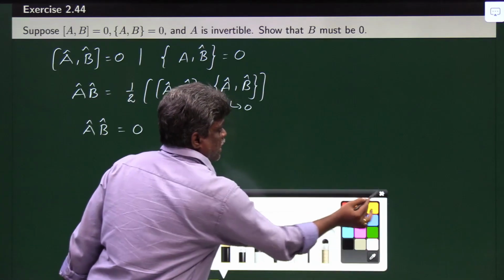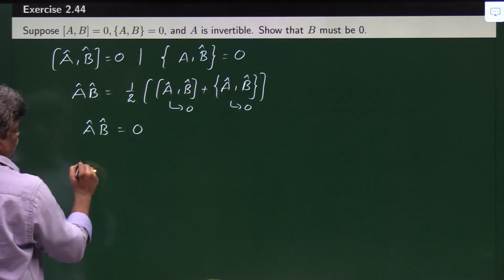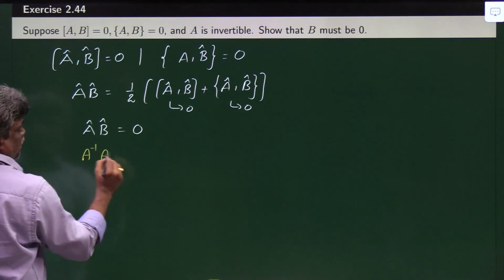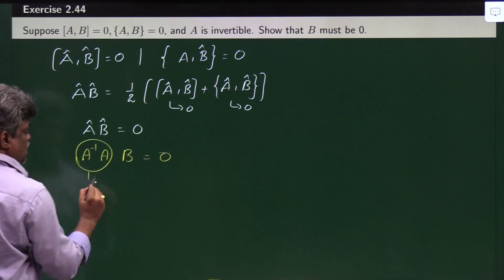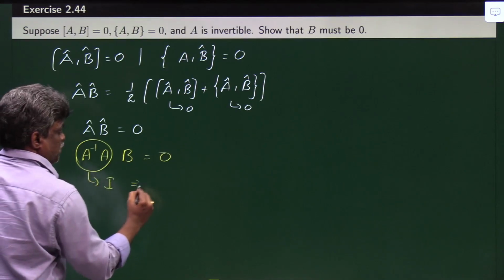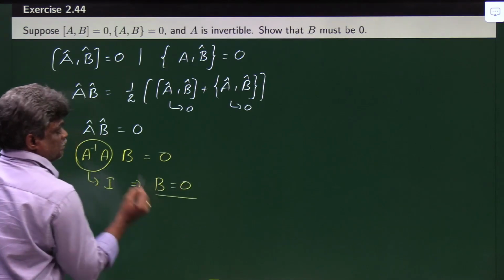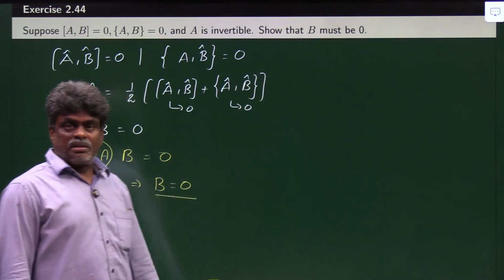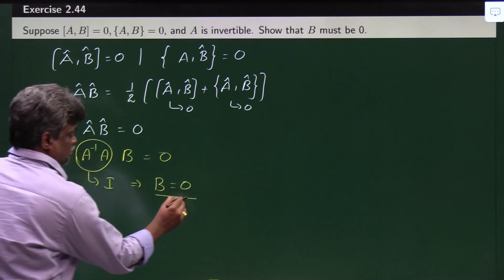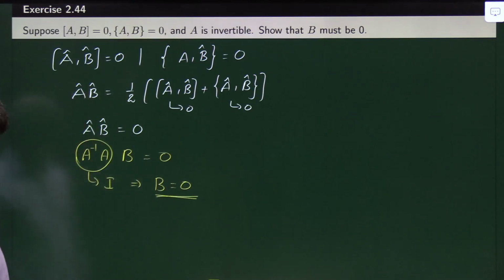Now let us multiply both sides with A inverse. Then A inverse A B equals 0. Since A inverse A equals I, that implies B equals 0. So if A is invertible, then B must be 0. Okay.